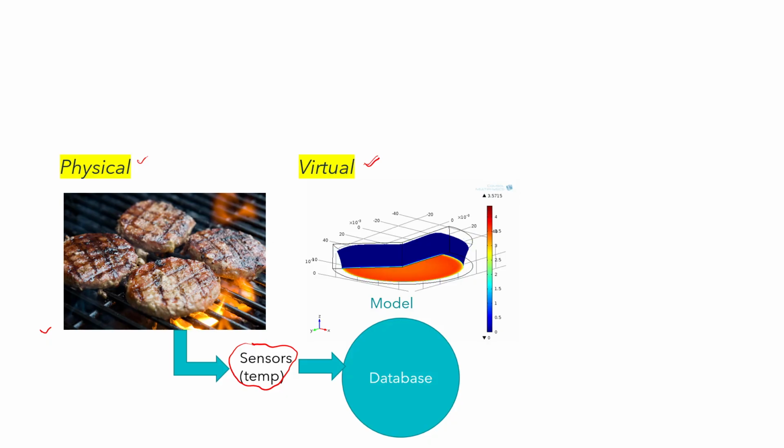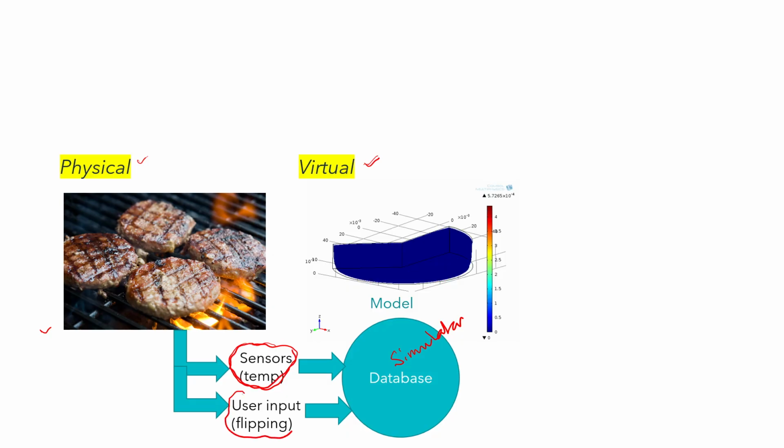Now this database can also be a simulator. It can take this kind of input, like what is the temperature, and user input, like how often am I flipping the burgers.